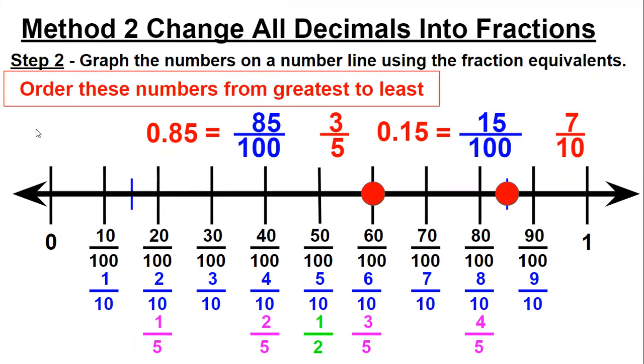Then 15 hundredths, that's right in between the 10 over 100 and the 20 over 100. And finally 7/10, that's easy. It's already labeled for us there as 70 over 100, or 7/10. There is our ordering.